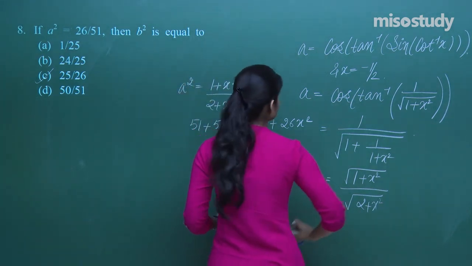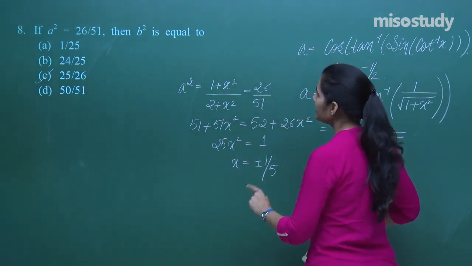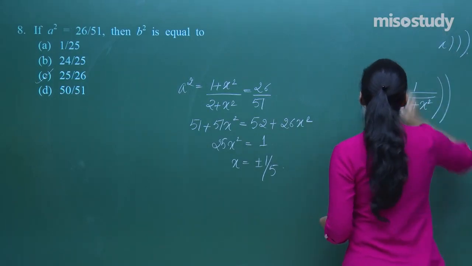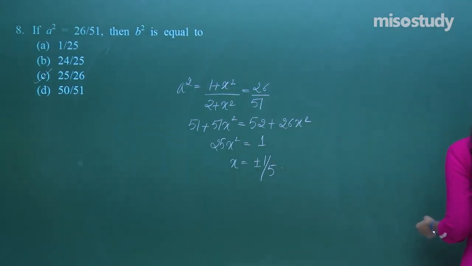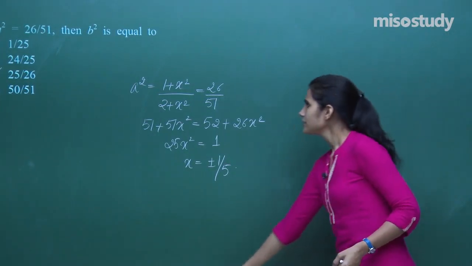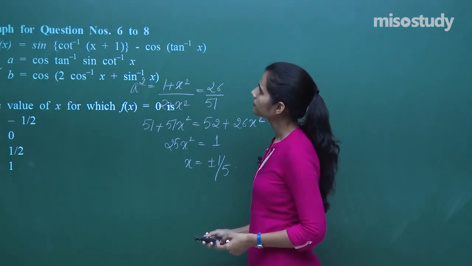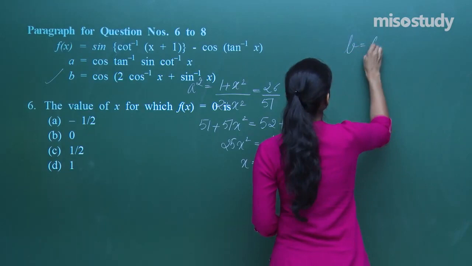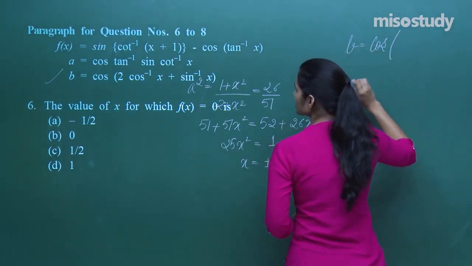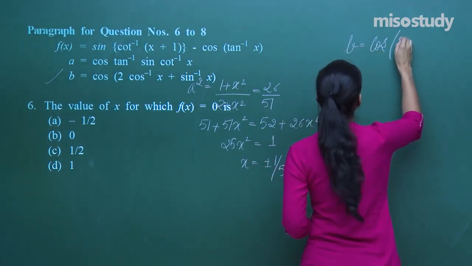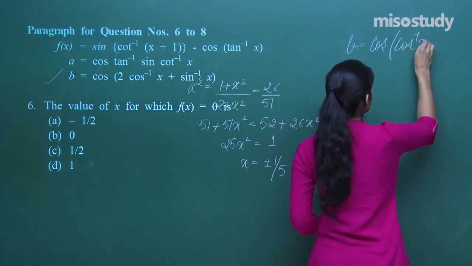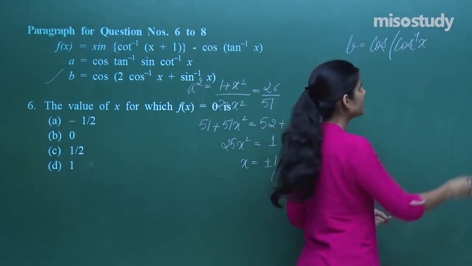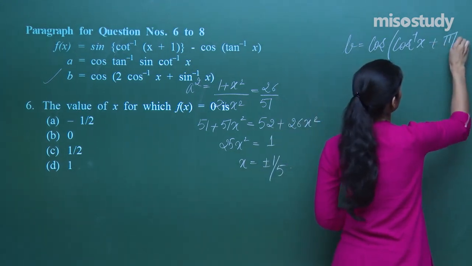For x equals plus minus 1 by 5, b is what? Let's see what was b and get the value of b squared then. Okay. So what is my b? B is given to be cos of 2 cos inverse x plus sin inverse x. Now 2 cos inverse x can be written as cos inverse x plus cos inverse x plus sin inverse x. Cos inverse x plus sin inverse x is pi by 2.